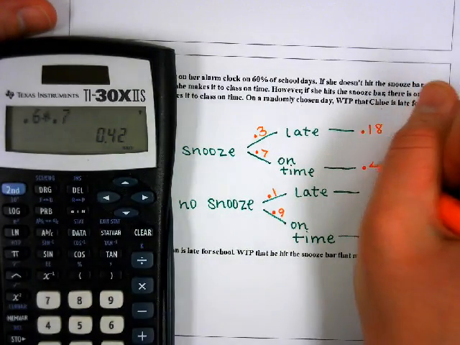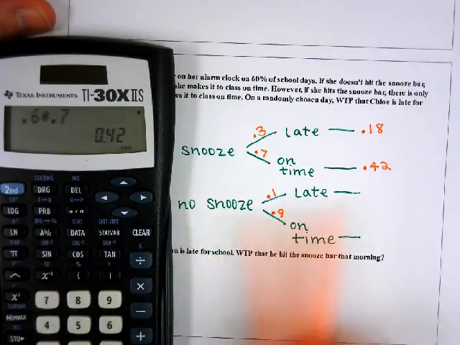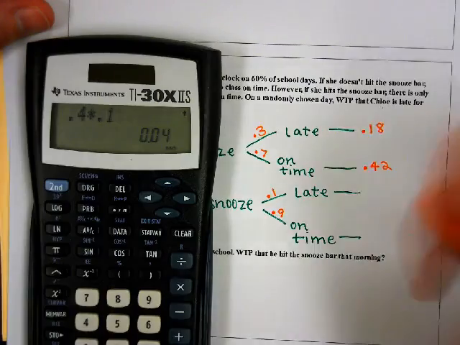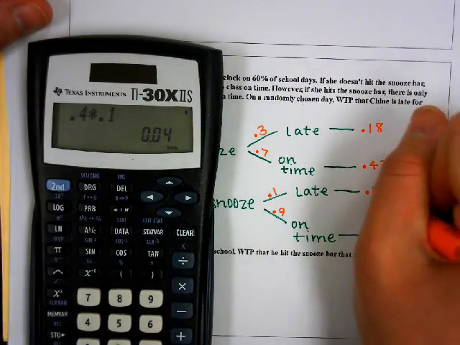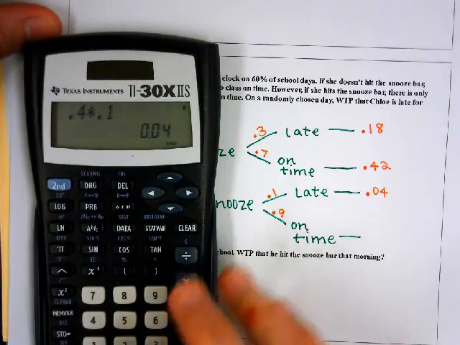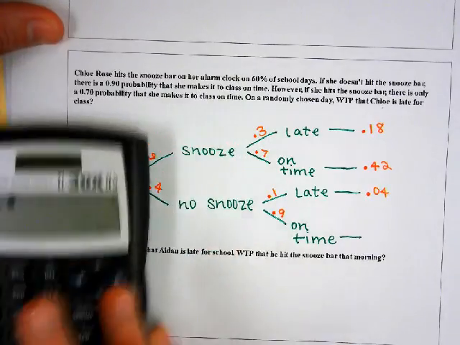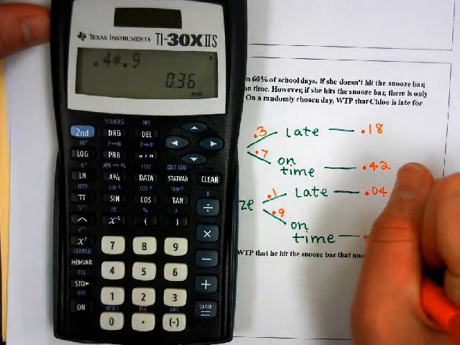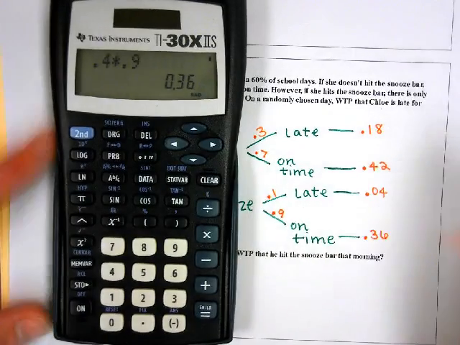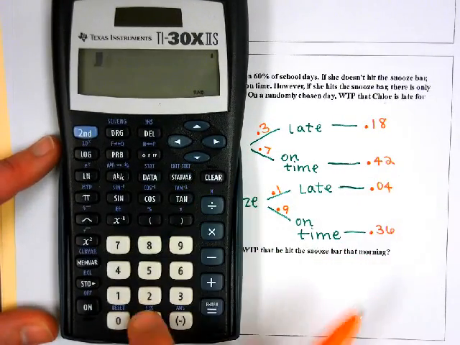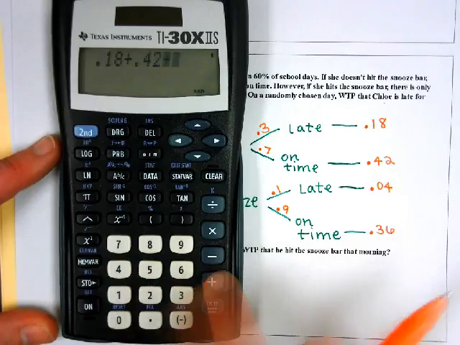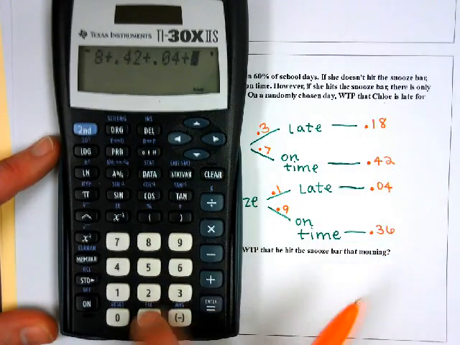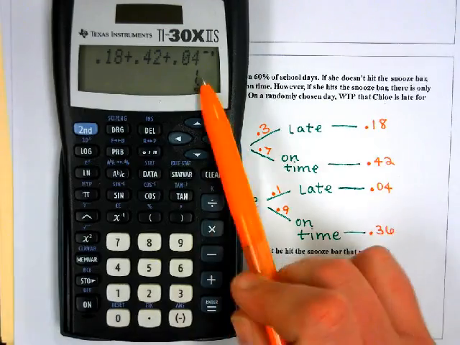No snooze and late, 0.4 times 0.1, which is 0.04. No snooze, excuse me, and on time, 0.4 times 0.9, which is 0.36. And then a quick check to make sure that they add to 1. So they do add to 1, so I know that I'm on the right track.